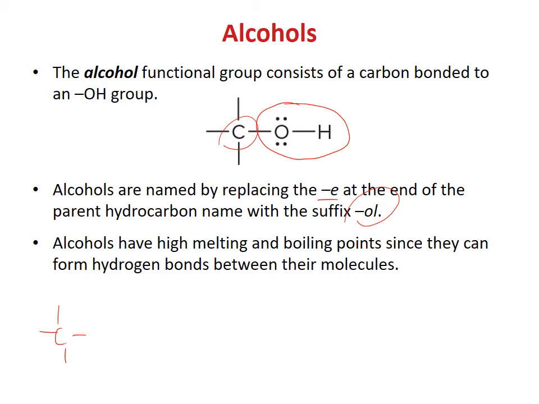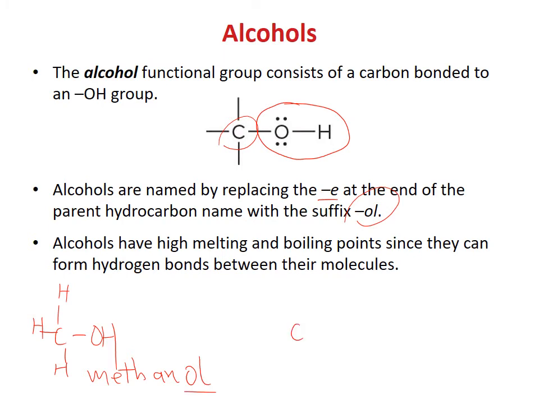So 1 carbon with hydrogens is methane. Now if we replace 1 hydrogen by OH, this becomes an alcohol. And the name is, we replace the E by OL, so it's called methanol.